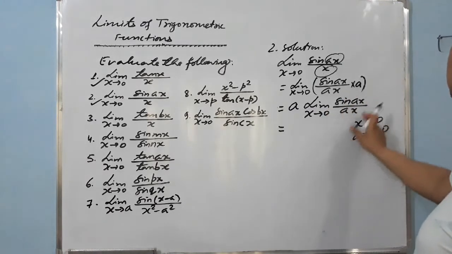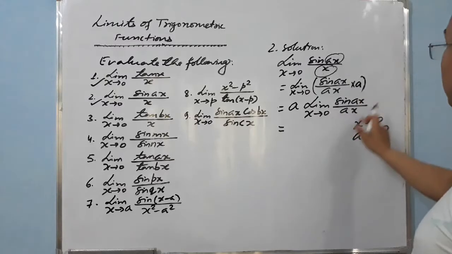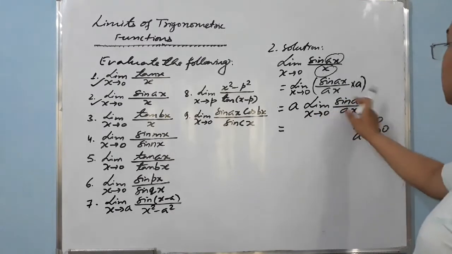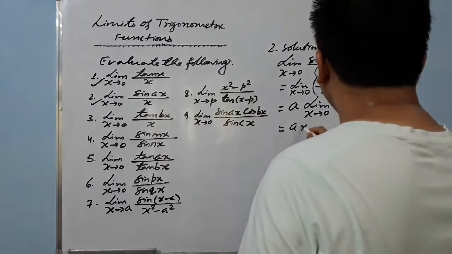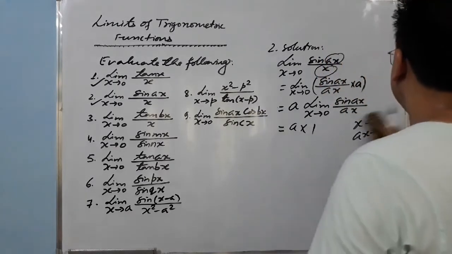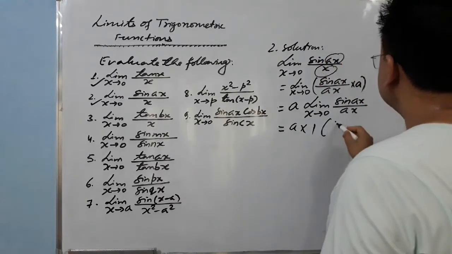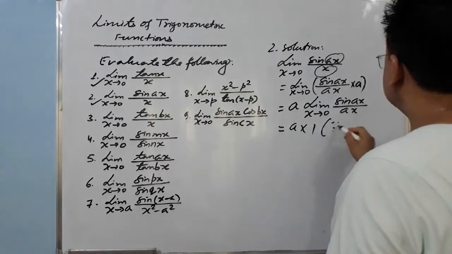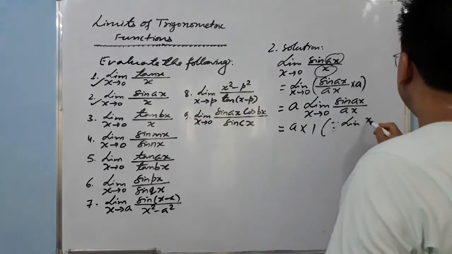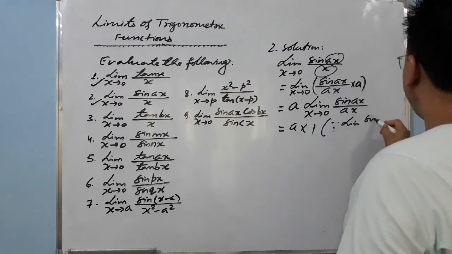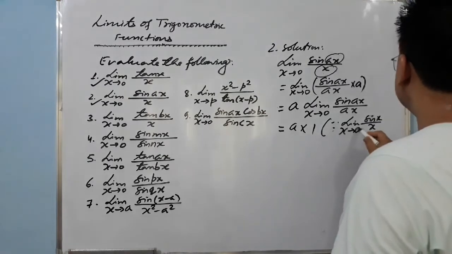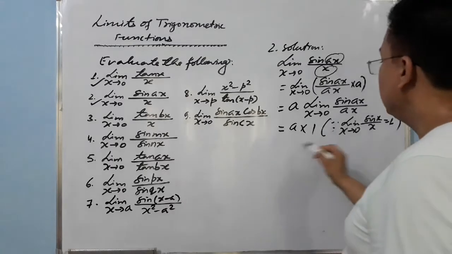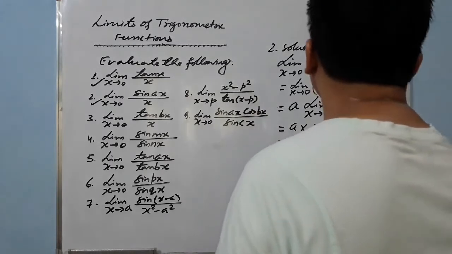Now we can apply the theorem. According to the theorem, we can write a into 1, right? What's the reason for this? Since the limit of sin x over x as x tends to 0 is equal to 1, due to this reason this is 1.